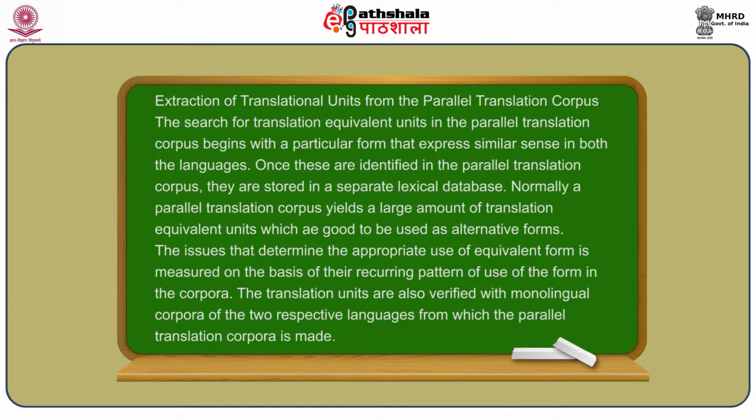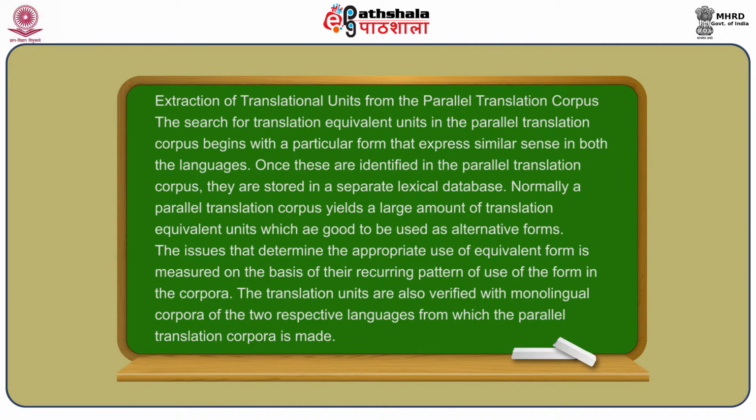Normally, a parallel translation corpus yields a large amount of translational equivalent units, which are good to be used as alternative forms. The issues that determine the choice of appropriate equivalent form are measured on the basis of the recurrent patterns of use of the forms in the corpora.